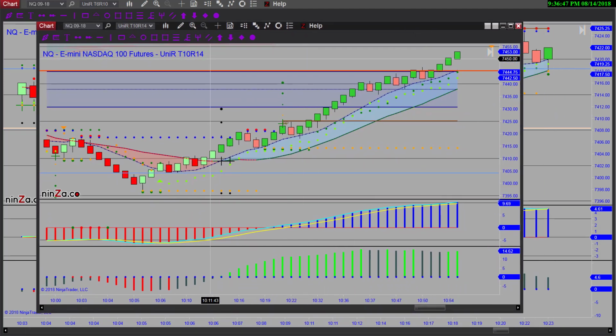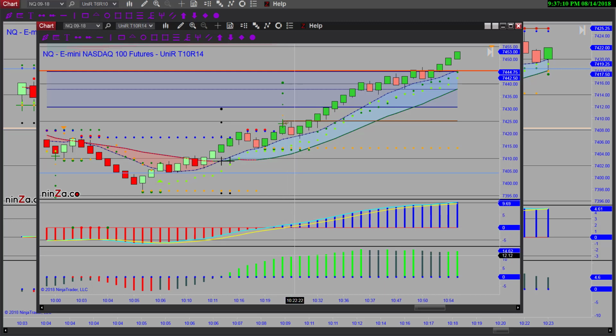What I also want to show you is the Unirenko 10 tick, same time frame, 10:20. It got a buy signal just at the primary pivot or just under it, basically the same level that we had on the 6. The momentum oscillator on the 10 was pointing up.